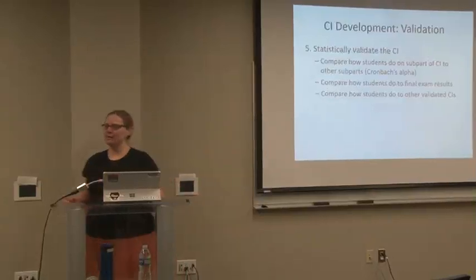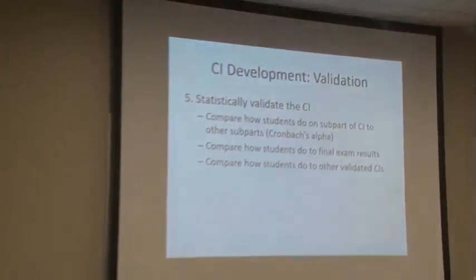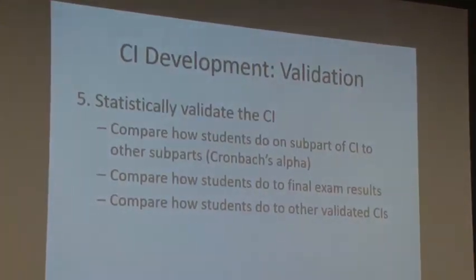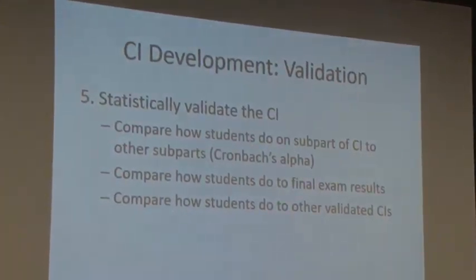And then lastly, once we have a final version that's gone through this process, we want to statistically validate the concept inventory. There are a lot of different ways we can do this, some of which work better than others. The best thing to do is, if there's another validated concept inventory on the same topic, you can compare how students do on your test to that test.